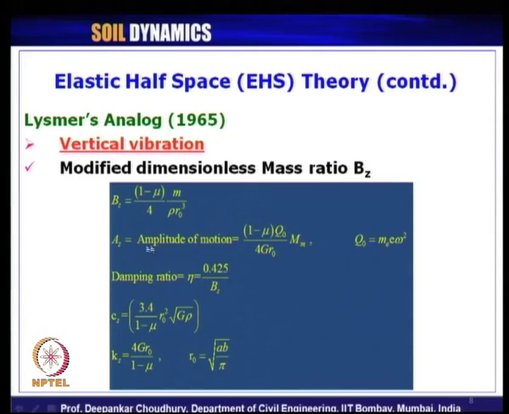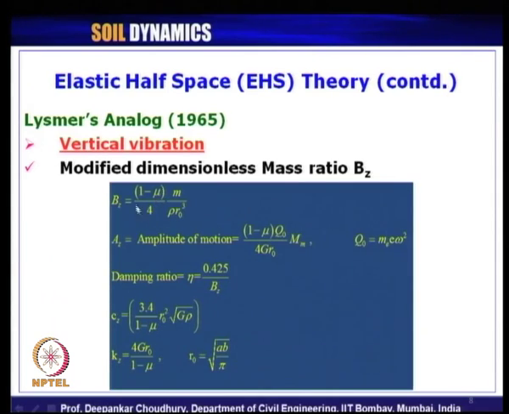So, that is how, remember, the small b proposed by Lysmer was this expression m by rho r naught cube, which is small b. What Lysmer proposed, let us multiply it with 1 minus mu by 4, mu is Poisson's ratio of the soil.